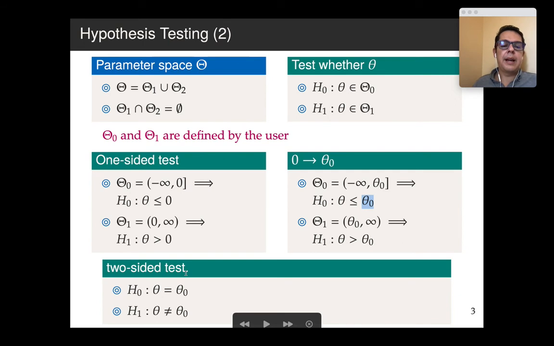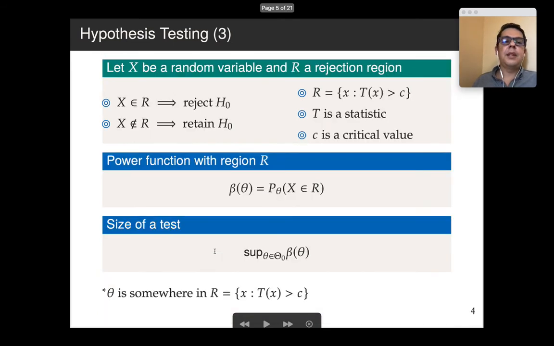On the other hand, in the two-sided test, the null hypothesis tests whether the parameter theta is equal to a value theta 0, or it is different. There are more ingredients for hypothesis testing.